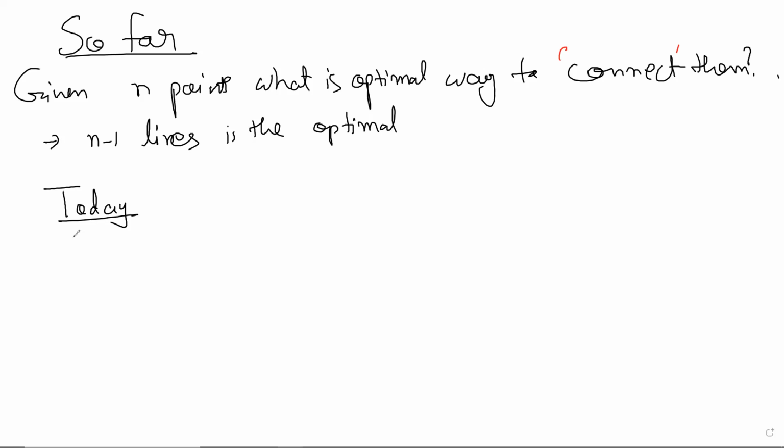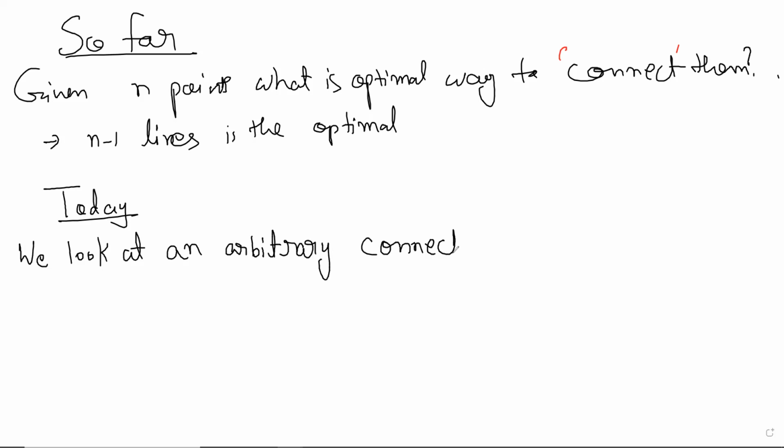Today we will look at a weighted graph, but before that, let me say we look at an arbitrary connected graph. This is the first thing that we should do. This will be rather fast, but after that we'll do the weighted case.